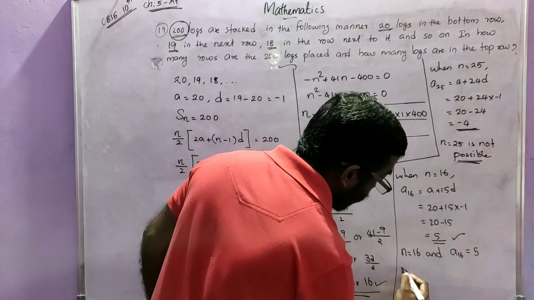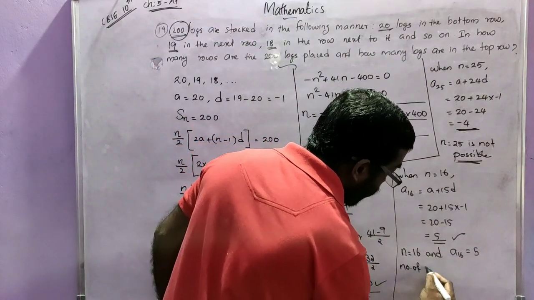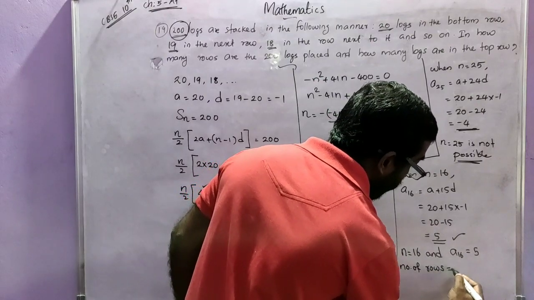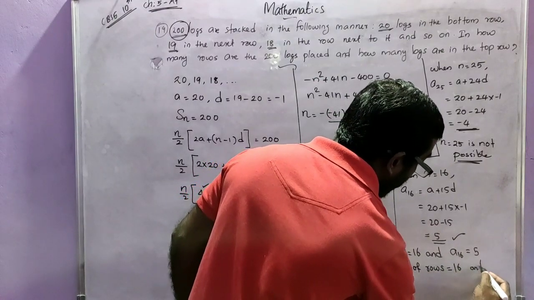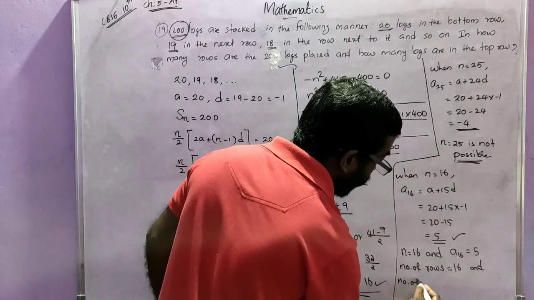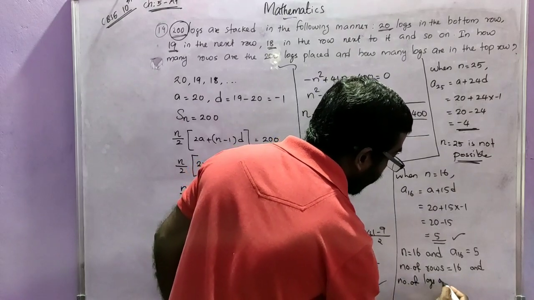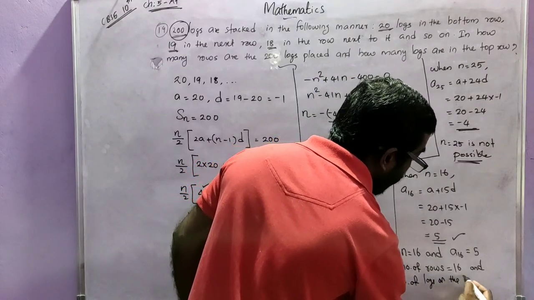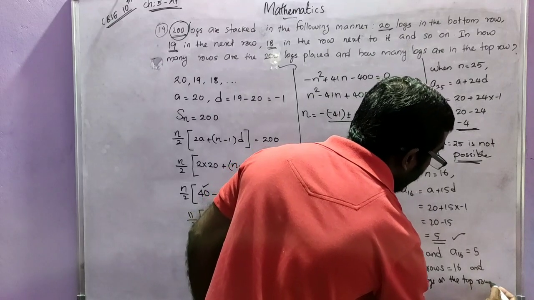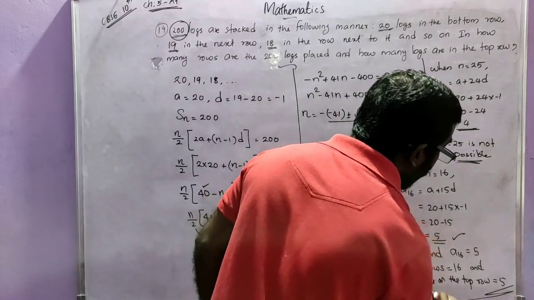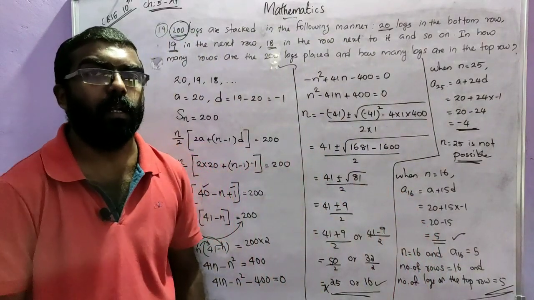So we can conclude number of rows is equal to 16 and number of logs on the top row will be equal to 5. Okay, understood?